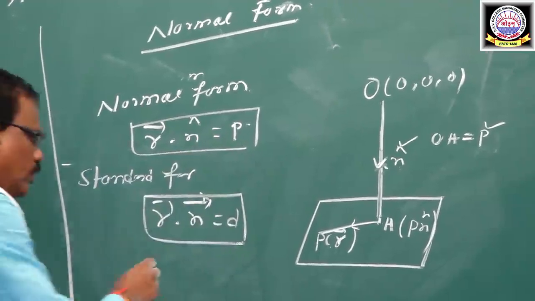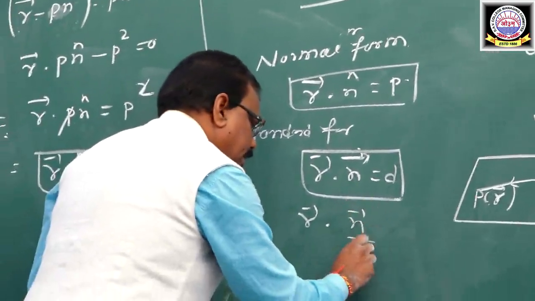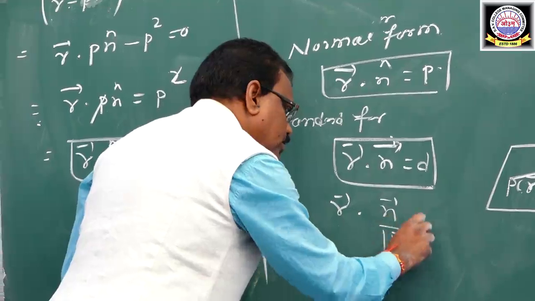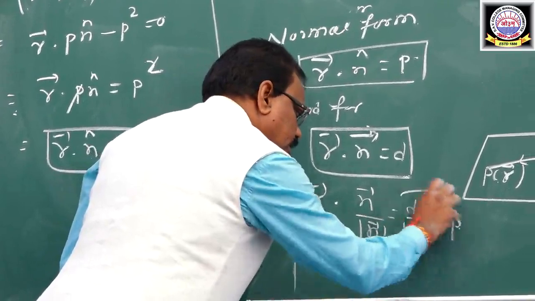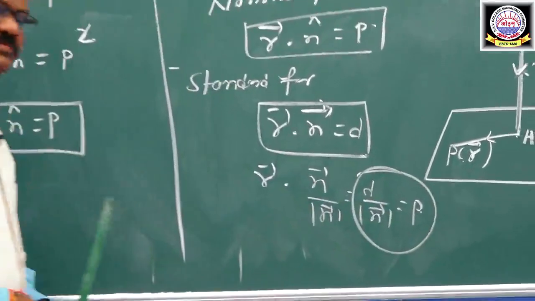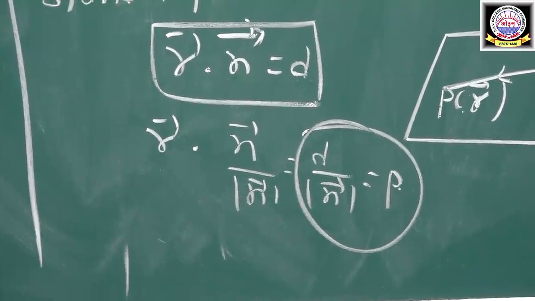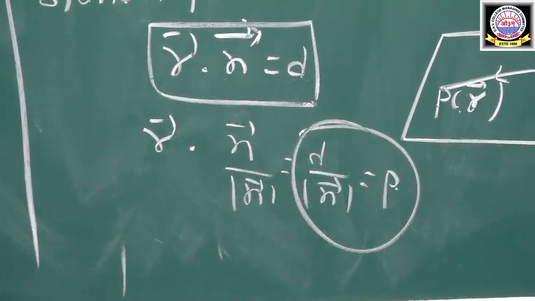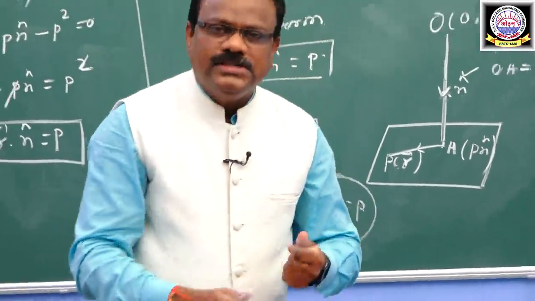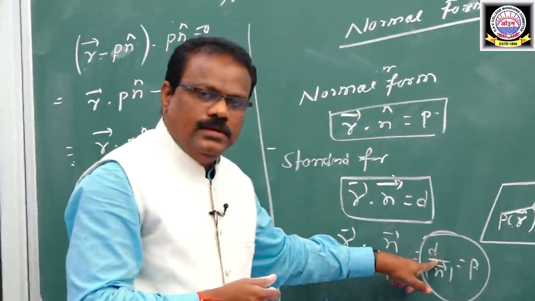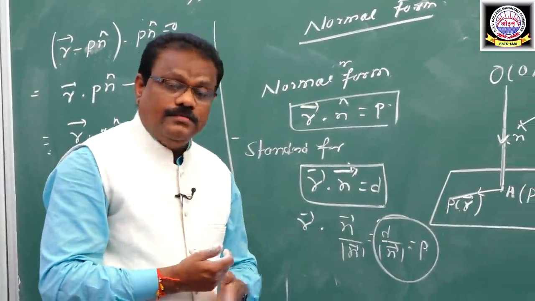So it will be d by the magnitude of n vector, and that is your normal. So conversion of the standard form to the normal form can be done like this, and if the normal form is there, you will get the normal. So what is the normal? The distance of a plane from the origin.